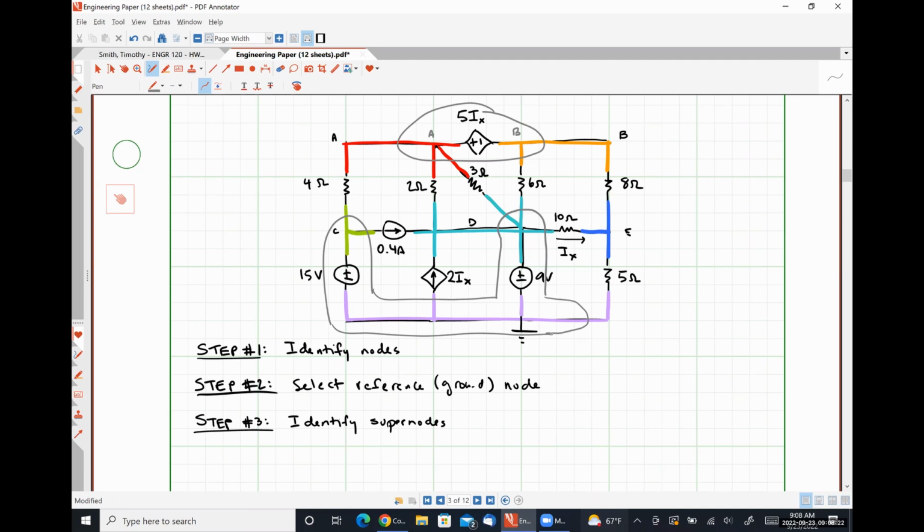Okay. You may call this a super duper node because it's multiple supernodes agglomerated together. I'm just going to call it one supernode. Okay.